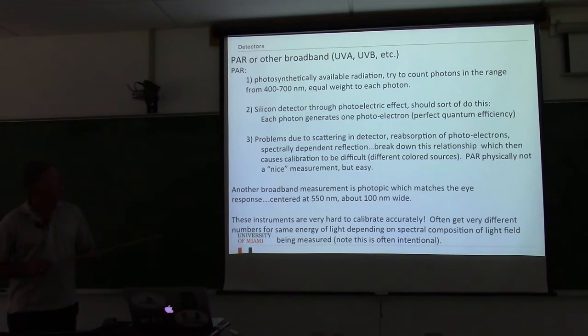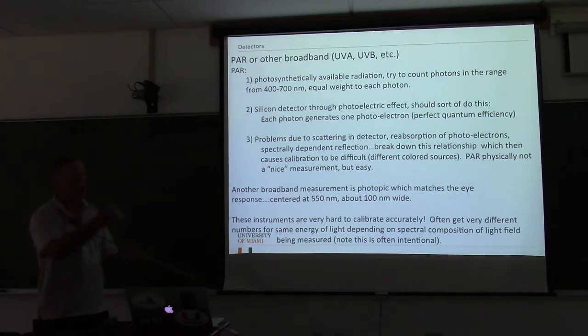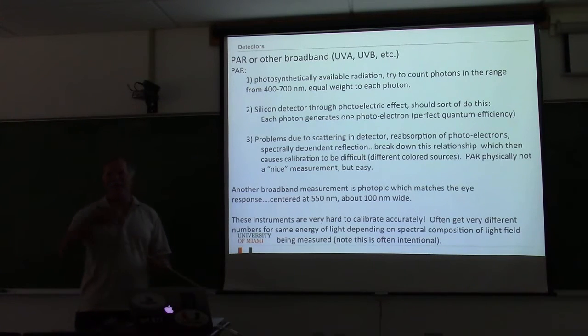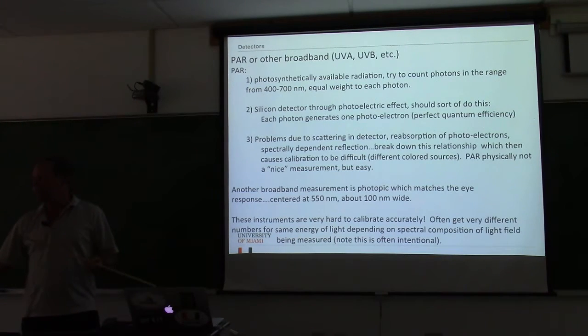The other thing with this broadband, another broadband, as I said, is photopic. The thing about these broadband instruments is they're really hard to calibrate accurately. If the light source that you were calibrating with looked exactly like the light source that you were measuring in the world, everything would be good.